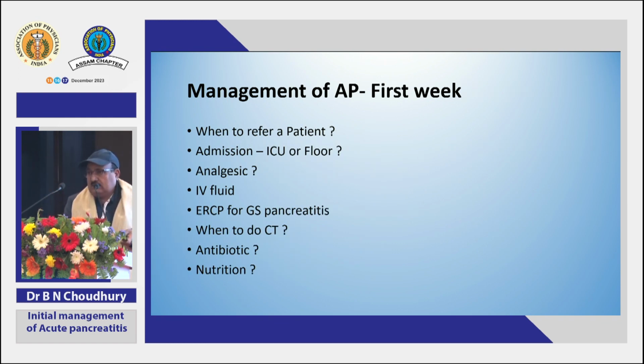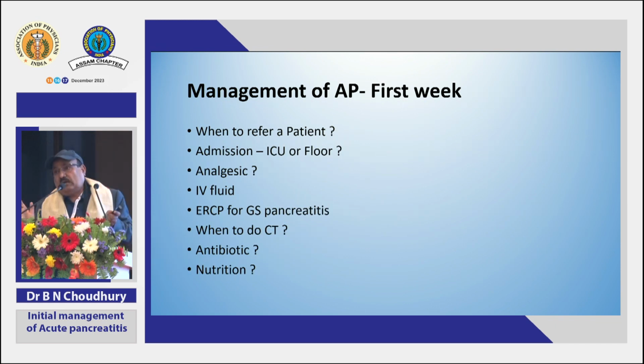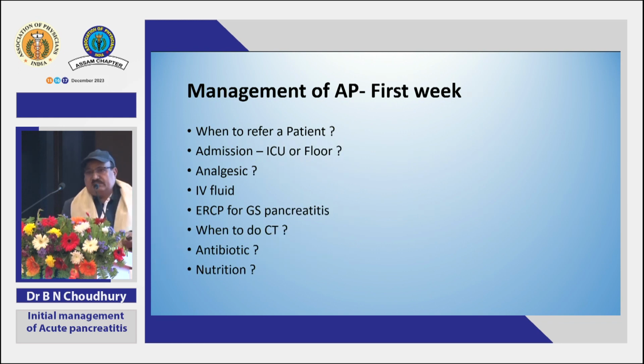Not even in a medical college also. So we should know when to refer the patient, number one. Then number two, suppose I have an ICU in my hospital, when will I admit this patient to the ICU? Then the most important symptom is pain. So what is the best analgesic? Then these patients are dehydrated.